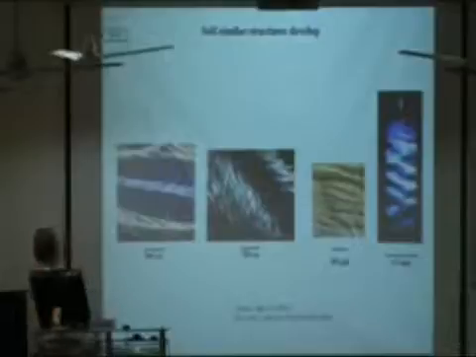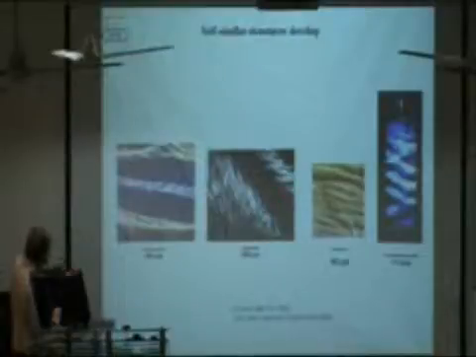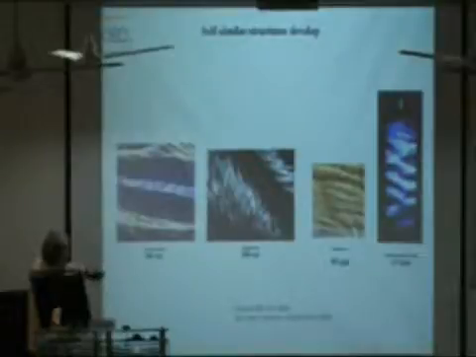Now, the structure is more complicated than it appears at first view. If I look at it at closer magnification, what you see here is one of the stripes I showed you earlier on. You can see it's comprised of another series of stripes. If I magnify that even further, there's another level of stripes. If I magnify that once again, there's another level of stripes.